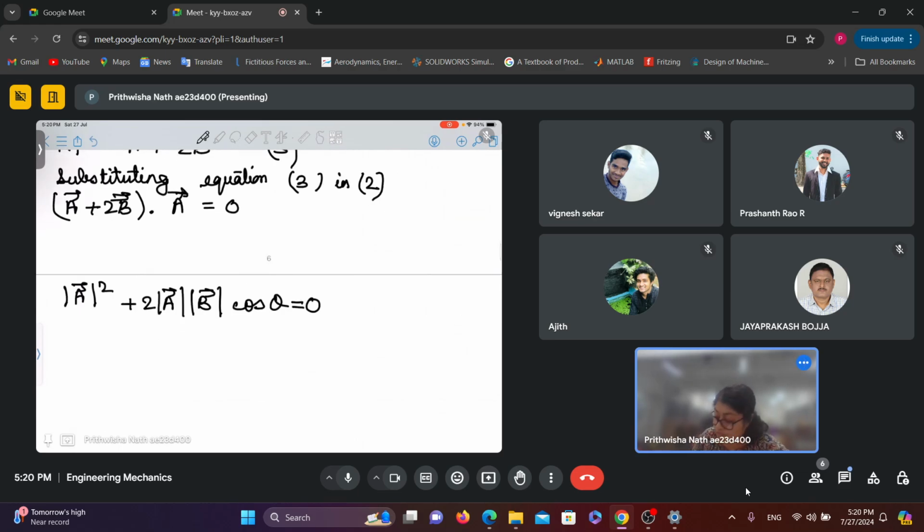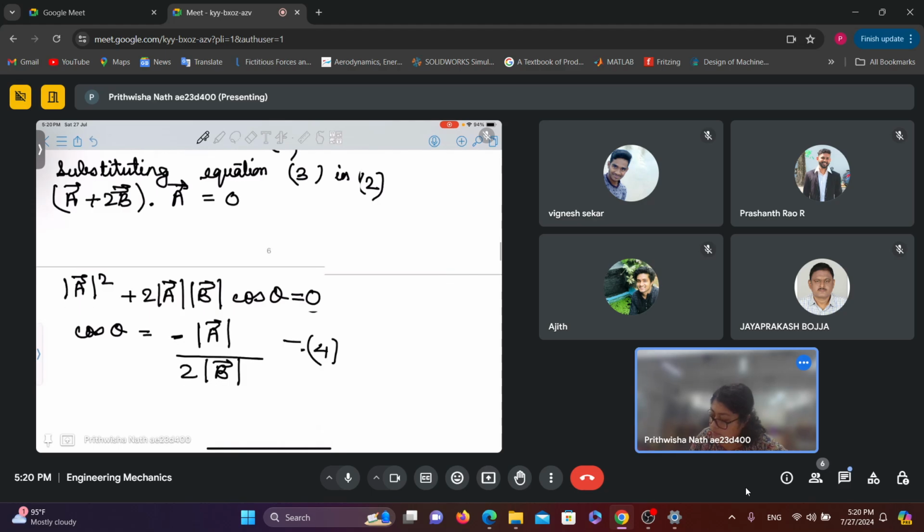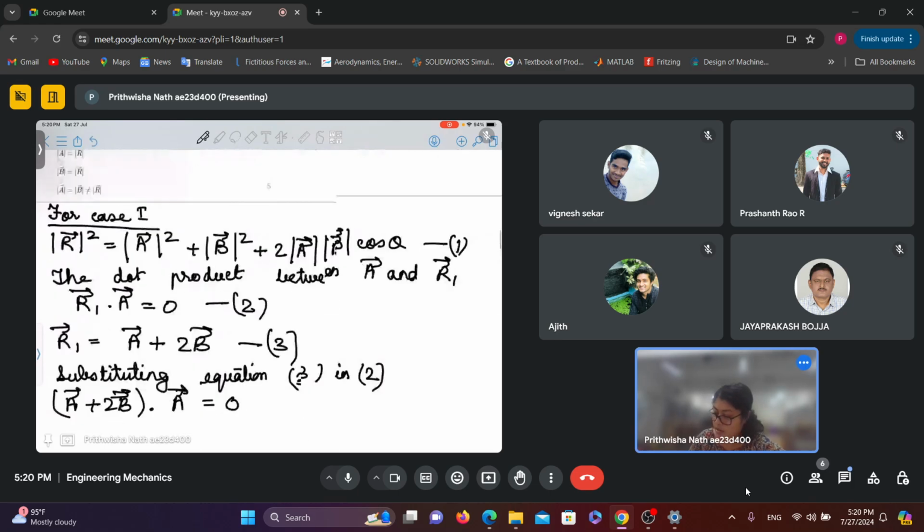Now from here I can find out cos theta in terms of the magnitudes of A and B. So cos theta becomes minus of, let this be equation number 4. Now I will substitute this value of cos theta in the first equation.